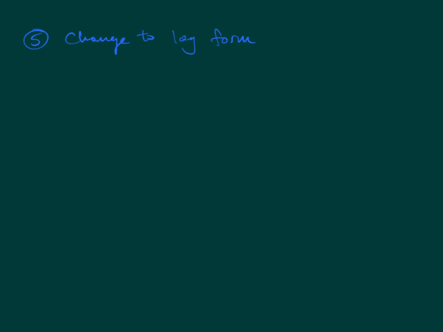In this example, we will be asked to write things from exponential form into log form. So here's the first example, 3 to the 2x equals 10. Well, since I know I'm going to be writing it as a log, I need to write log. You have to have a log in there somewhere. So a couple things: the base of the exponential piece, this 3 here, will match the base of the log.